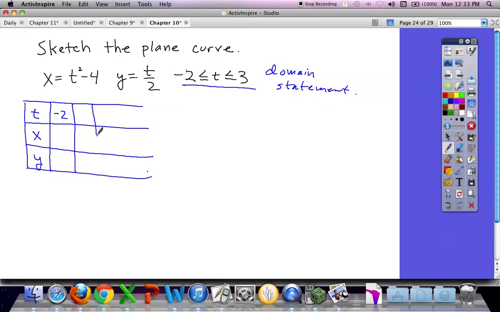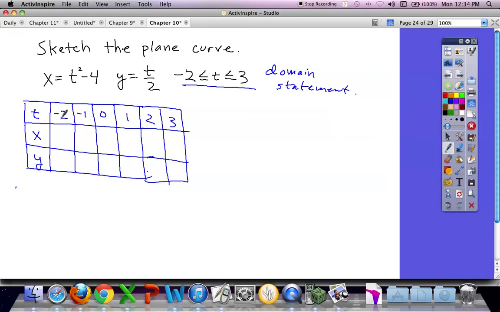T is -2, t is -1, t is 0, t is 1, t is 2, and 3. So one at a time, we need to substitute these values of t into the parametric equations.